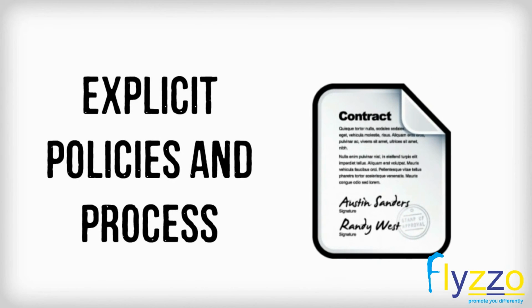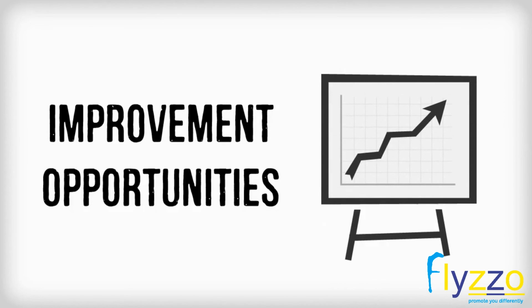Make process and policies explicit, i.e., there should be agreement and consensus on working policies. Use models to recognize improvement opportunities. There should be methods to review and communicate issues with or views on the workflow. Those involved work together to find the best way to move forward using scientific methods.